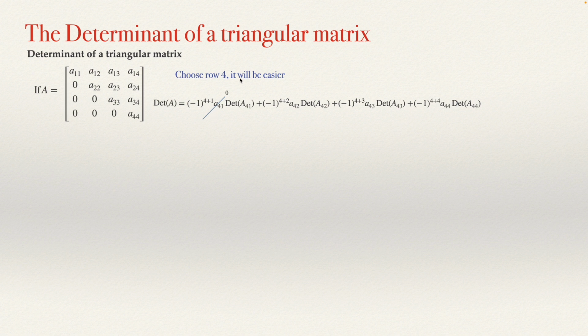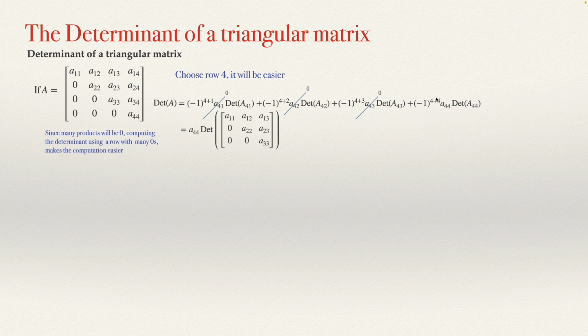So when you make this multiplication, all of these products will be 0. This product will be 0, this product will be 0, and there will be only one product left, the one related to the last element of the row, A44. So since many products are 0, computing the determinant using a row with many zeros makes the computation easier.